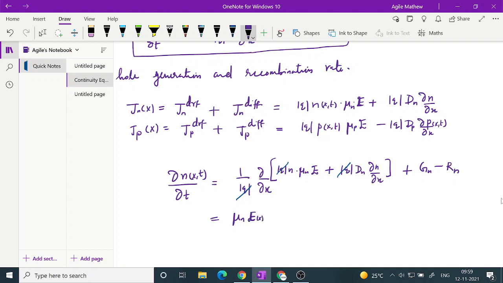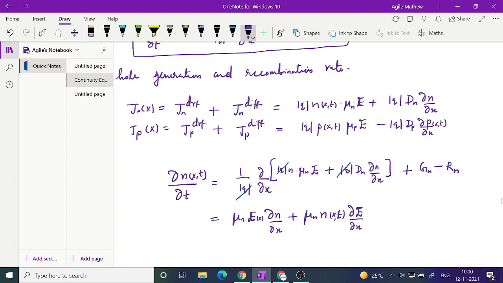So mu n, then E, which is also a function of x in general, into the derivative of n with respect to x, plus mu n into n of x, x and t, into dou E by dou x.